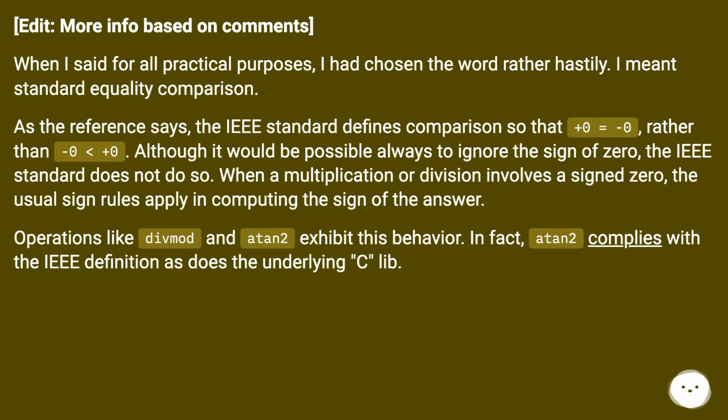Although it would be possible always to ignore the sign of 0, the IEEE standard does not do so. When a multiplication or division involves a signed 0, the usual sign rules apply in computing the sign of the answer. Operations like divmod and atan2 exhibit this behavior. In fact, atan2 complies with the IEEE definition, as does the underlying C library.